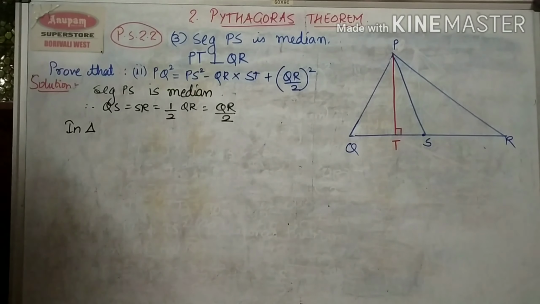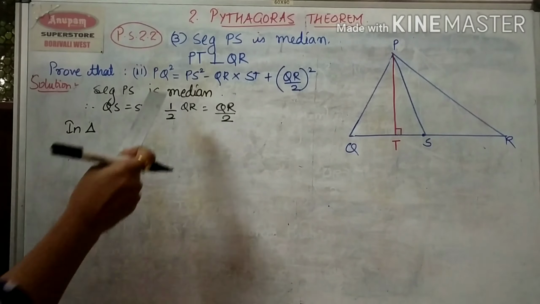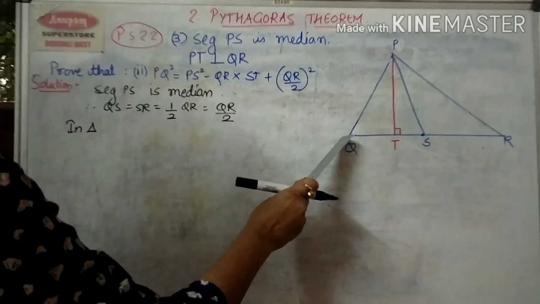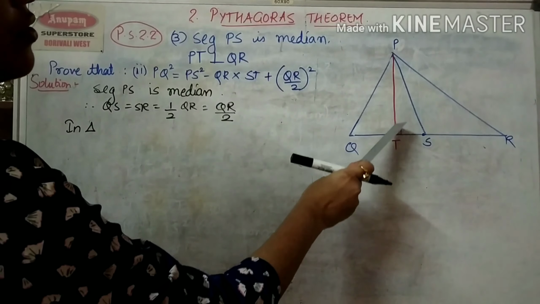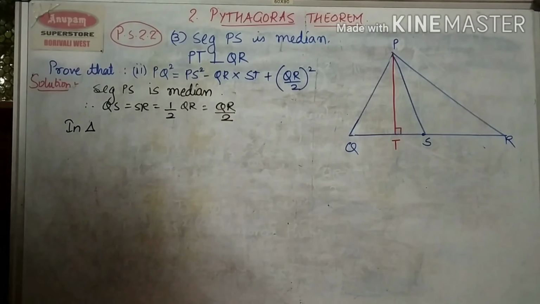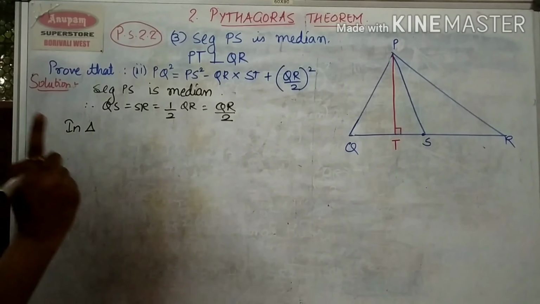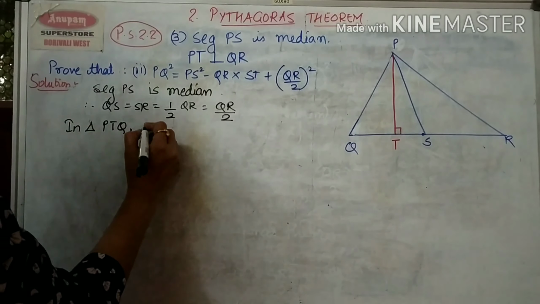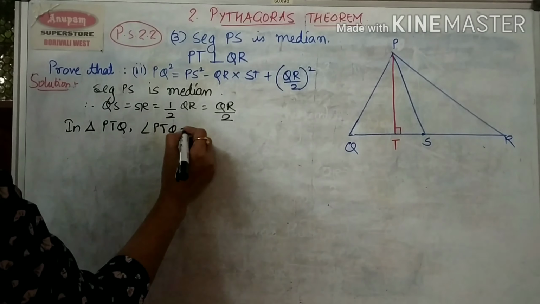Now, how do I solve this? So check, what do I want to prove? I want PQ square. If I want PQ square here, I can get it by applying Pythagoras theorem to this triangle, children. In triangle PTQ, angle PTQ is equal to 90 degrees.